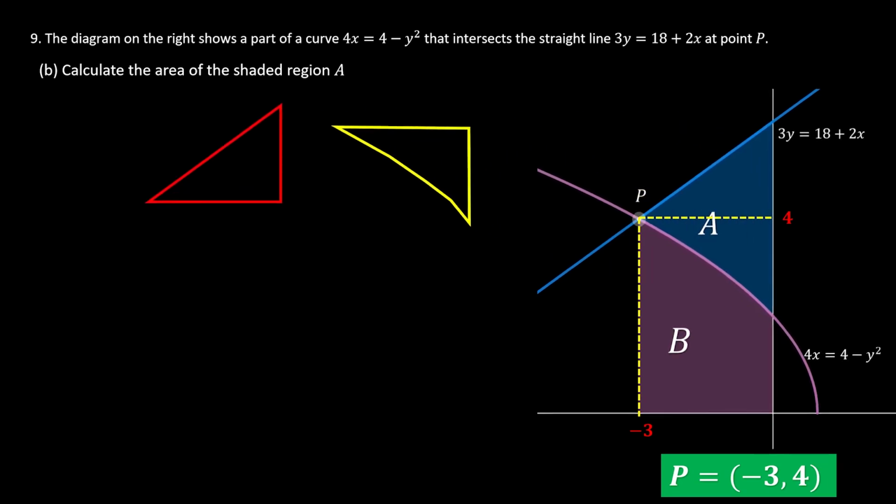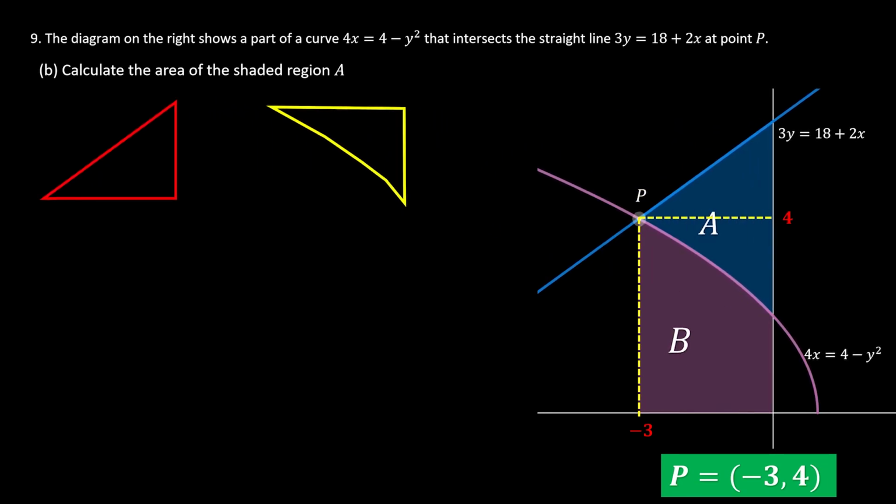So we can take them out and sum them up together, and now we have the total area of the shaded region A. So this triangle is basically 3 units, right? Because -3 to 0 is basically 3 units. So the base length is 3. How about the height? The height is the one we want to find. We need to know the coordinate here first.